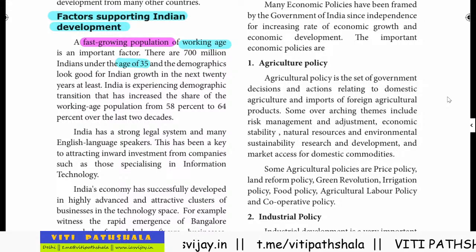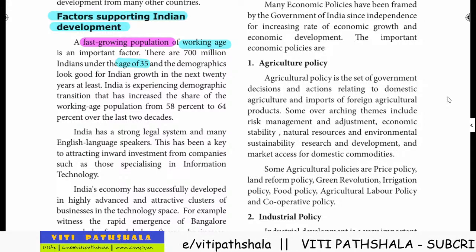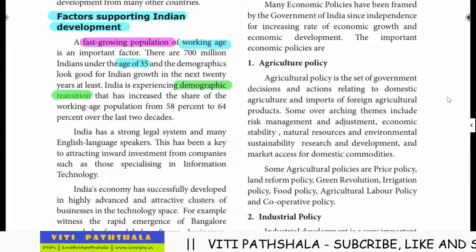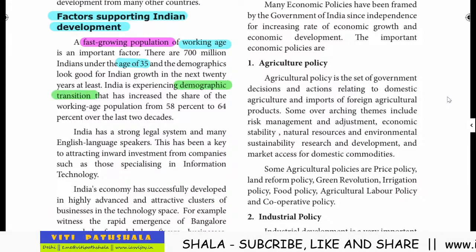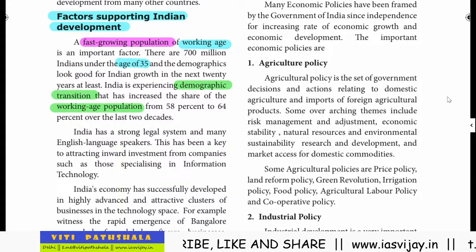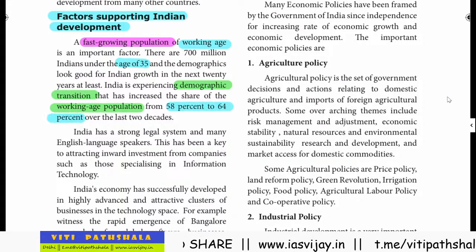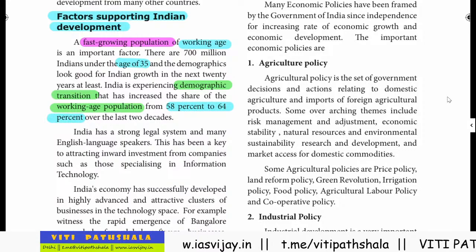India is experiencing a demographic transition that has increased the share of the working age population from 58% to 64% over the last 2 decades.